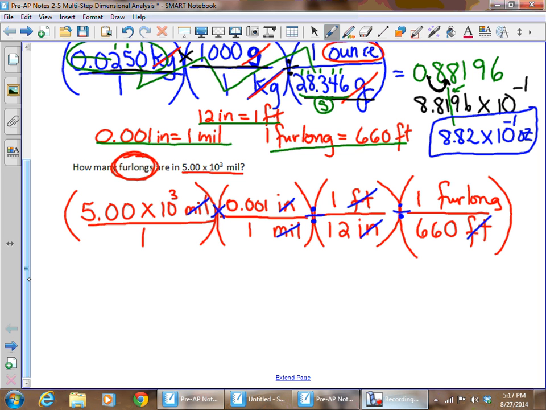So what do I need to do? Really should have put those in green because I'm not going to require you to put those on your paper. So what am I going to do?